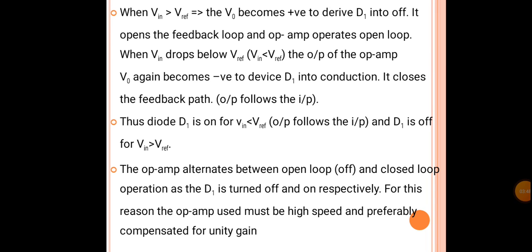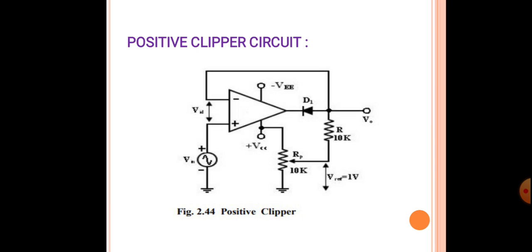Thus, diode D1 is on for V input less than V reference and D1 is off for V input greater than V reference. The operational amplifier alternates between open loop and closed loop operation as D1 is turned off and on respectively. For this reason, the operational amp used must be high speed and preferably compensated for unity gain.